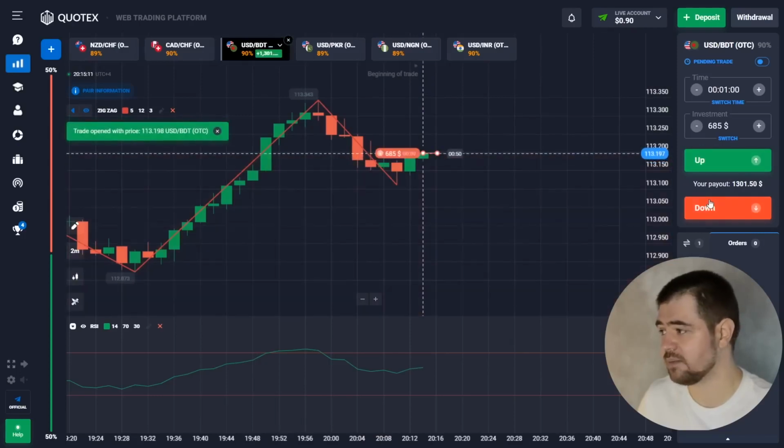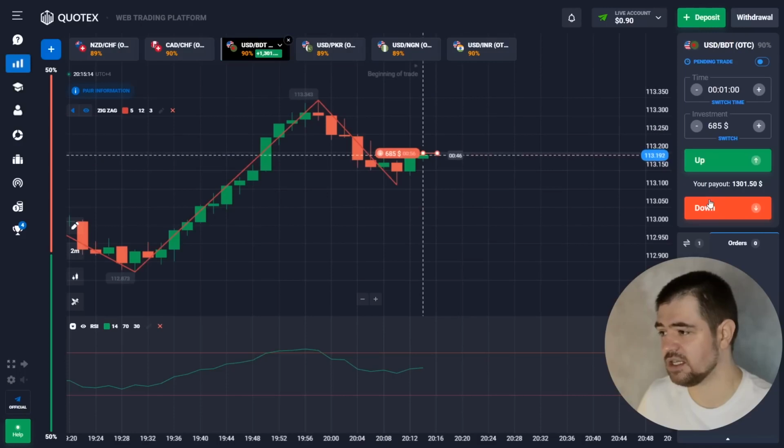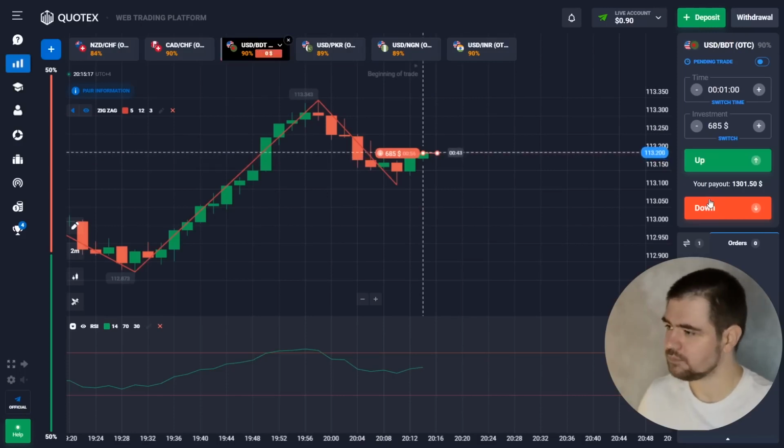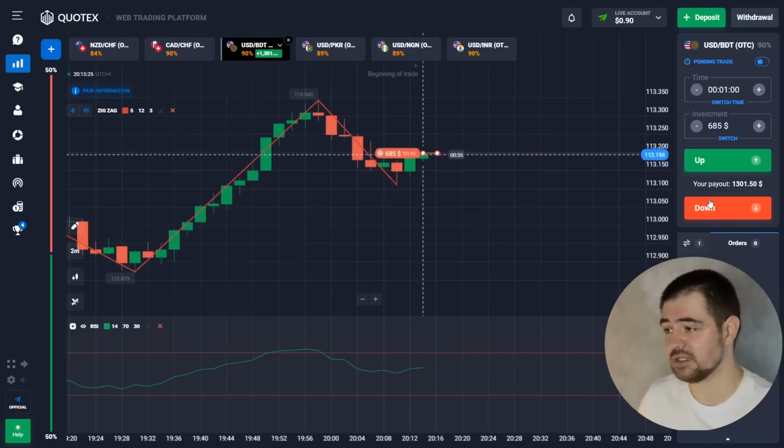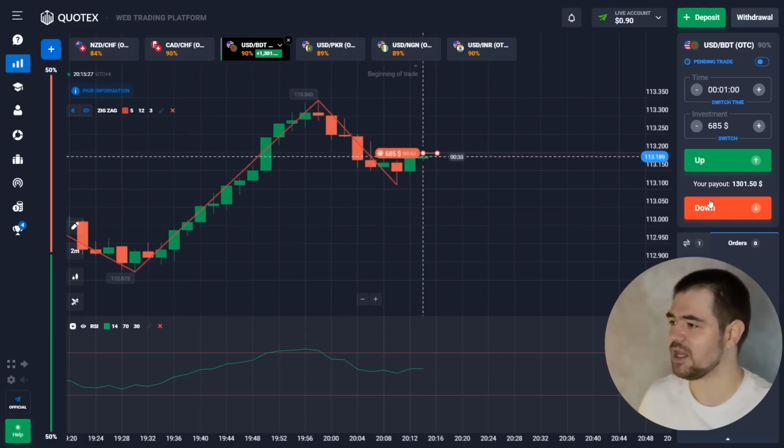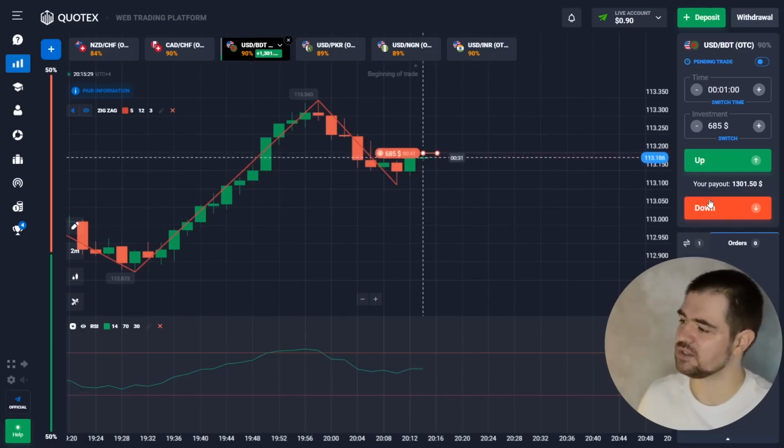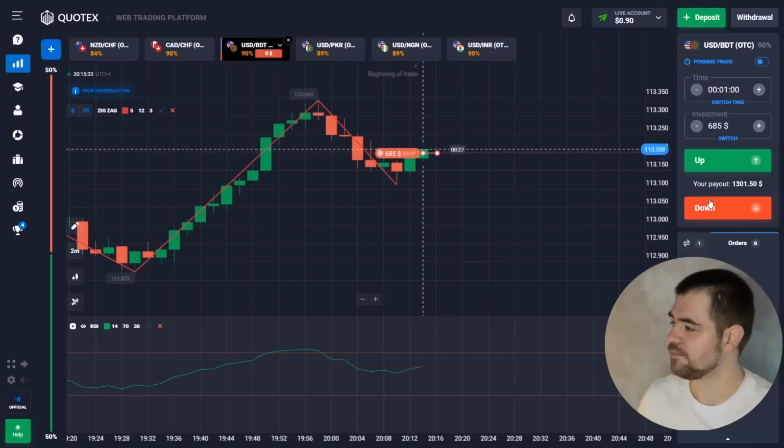Actually, we're going to make a put option. Looking at this, it's actually a different picture, as you can see. So it's worth checking out a different time frame, because I was convinced there was a really strong trend, and I'm still convinced that there is in the longer term.